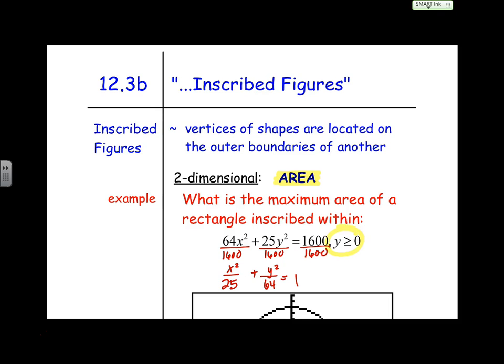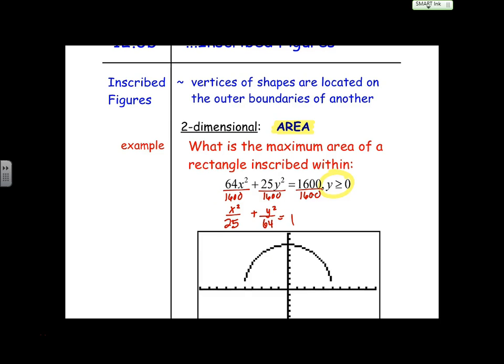So down here in my graph, first of all, you see a limitation of your graphing calculator, because this totally looks like, oh hey, it's kind of half of an ellipse, but it doesn't quite go all the way down. Problem is it does go all the way down, just your calculator with the pixels is limited. We talked about this a little bit at the beginning of the year with the graphing calculator handbook.